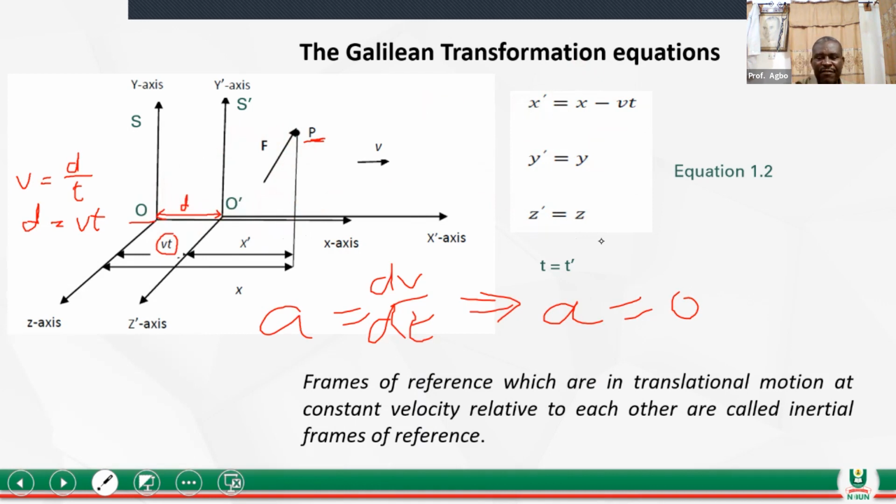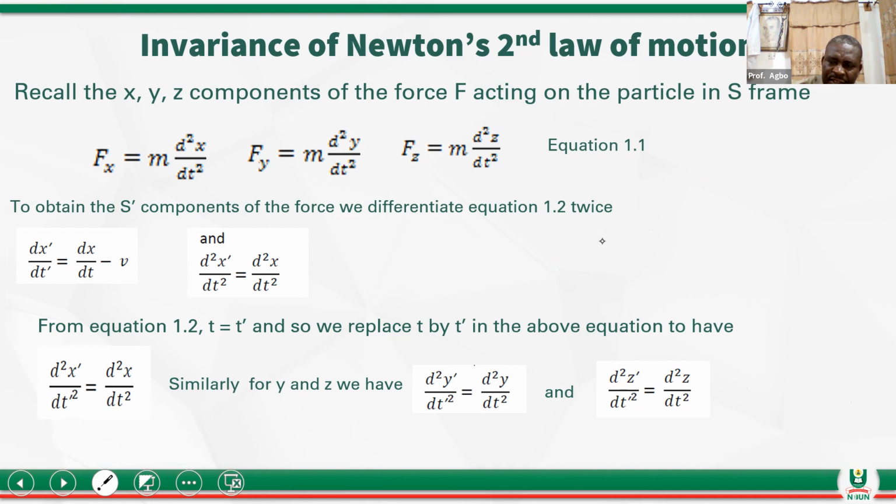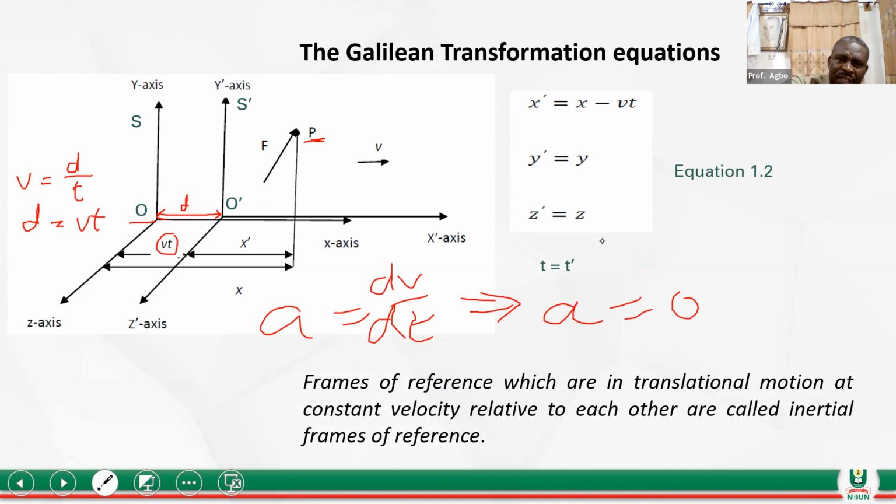Now, what about its inverse? Let's see the next slide. The inverse is not written here, but I will do it now. It's just a change of the signs of these equations.